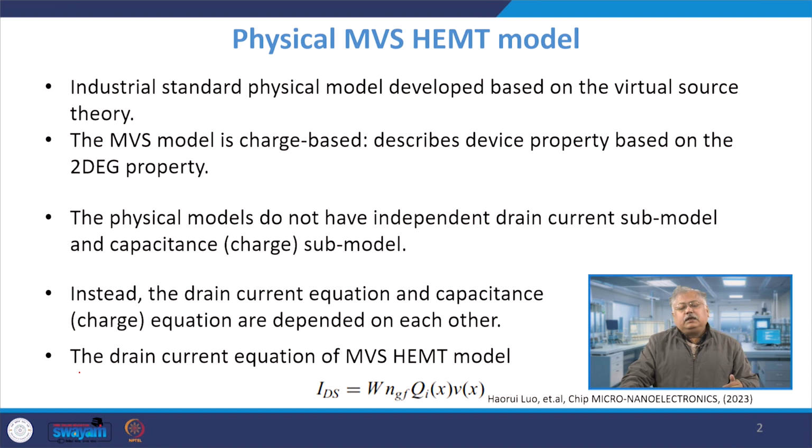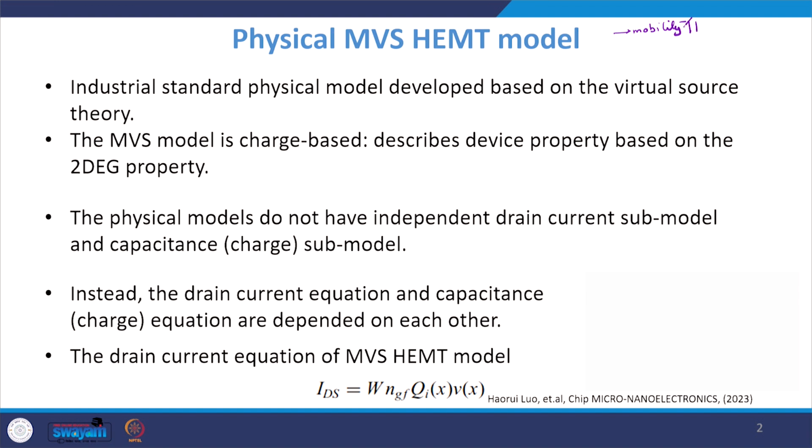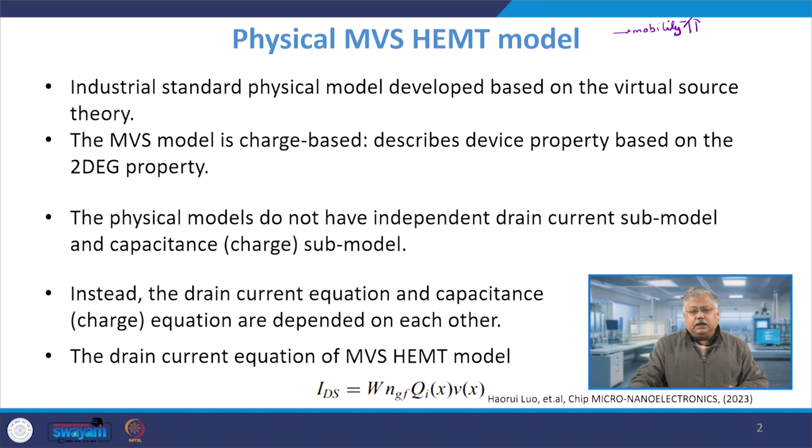As a result, it becomes almost like a ballistic phenomenon. So when we talk about HEMT models, we assume that the mobility of the charge carriers is very high, even as compared to bulk semiconductor. The reason is that there is no scattering or very low scattering, and as a result, a very large current is developed.